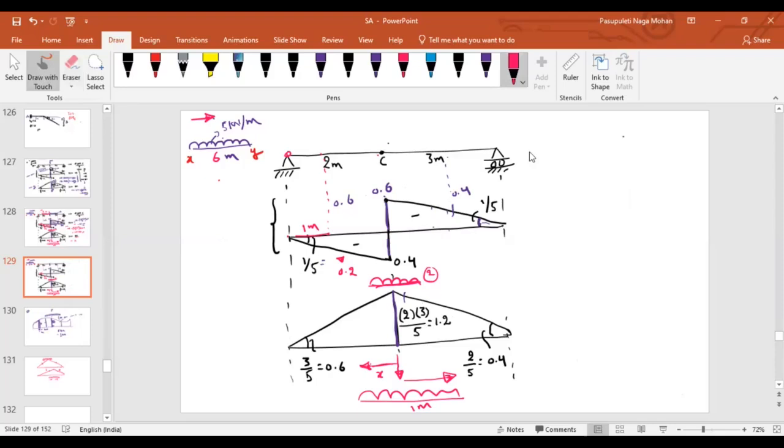Now, here let me talk about two cases. In the first case, the same load, let us say 10 kilonewton per meter. The length of this is 6 meters. The points are X and Y, moving from left to right. And in another case, the same UDL is moving from right to left.